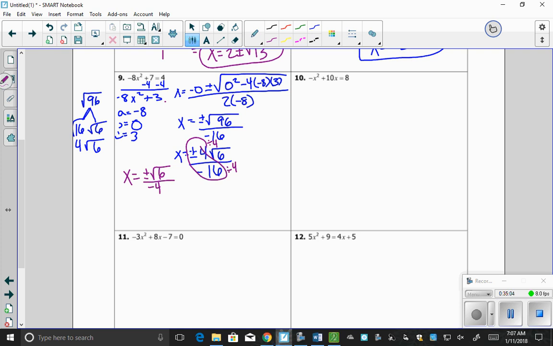Here again, when you divide by a negative up here, it's just going to flip the signs. So you're going to have a negative and positive square root of 6. So you don't want your negatives to be in the denominator. So when you do that, your final answer is going to be plus or minus the square root of 6 over 4.